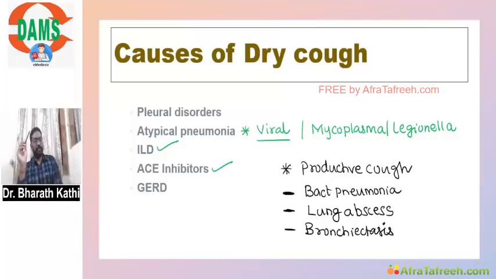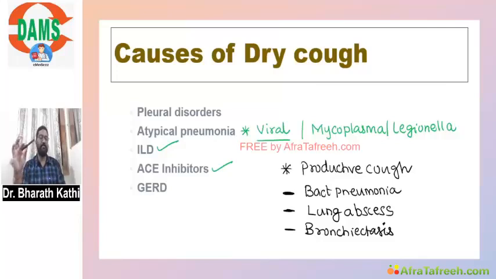So under productive cough, you should be able to tell it is bacterial pneumonia, lung abscess, bronchiectasis.